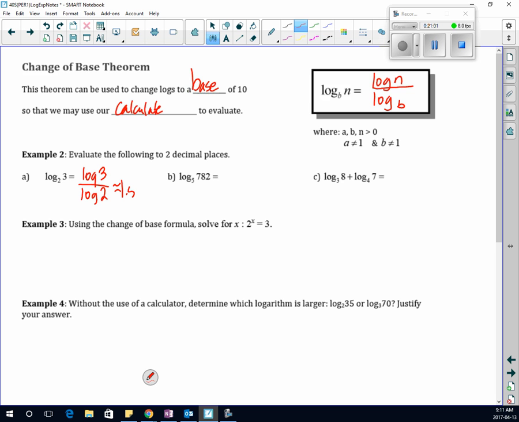Did you get 1.58496? Yeah. So the people that have the TI-83 that don't have that feature, this is how you'd have to do it, right? Okay. The people that have the nice change of base feature, use your calculator now with the change of base and verify that you get 1.58496.